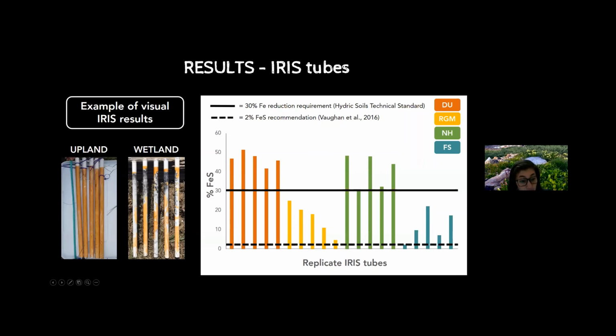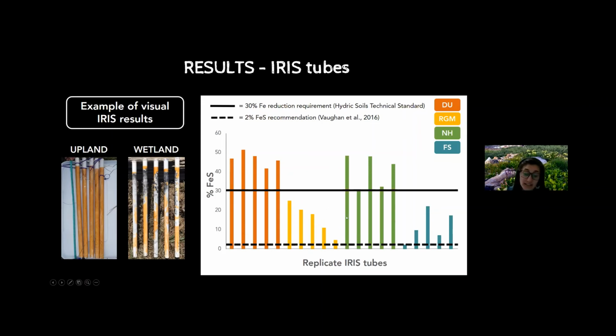When they were deployed in the wetland system, we start to see this black color change. And noted here on the right, we're looking at 5 replicate tubes per site, and per recommendation of that Vaughn et al. 2016 paper, each of the 5 tubes met that at least 20% precipitation of FeS.